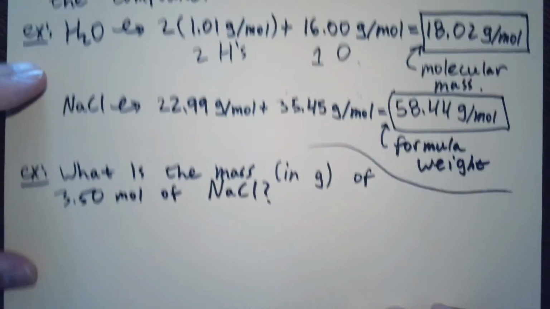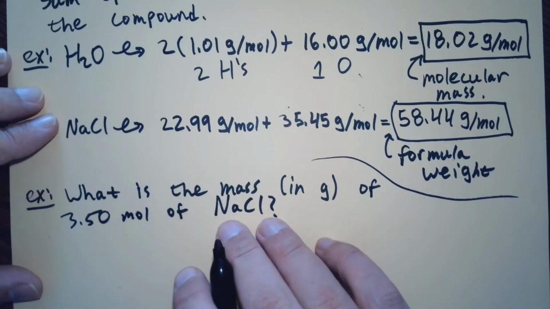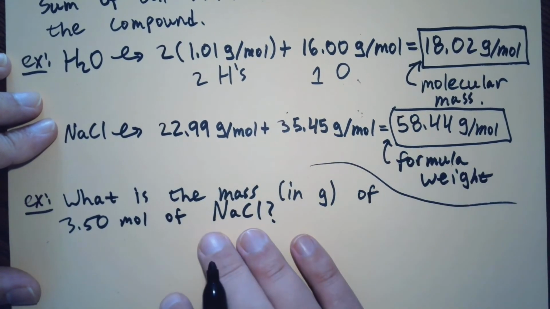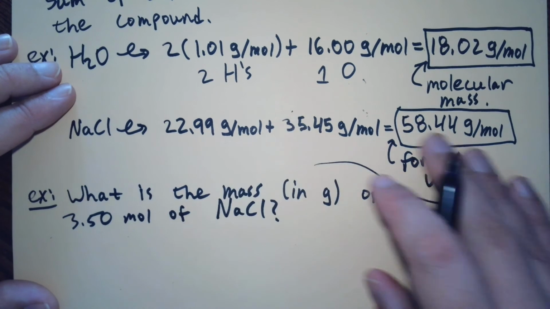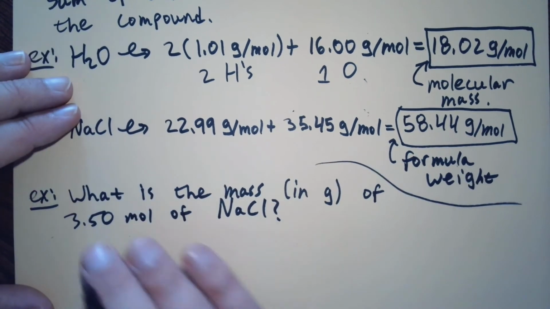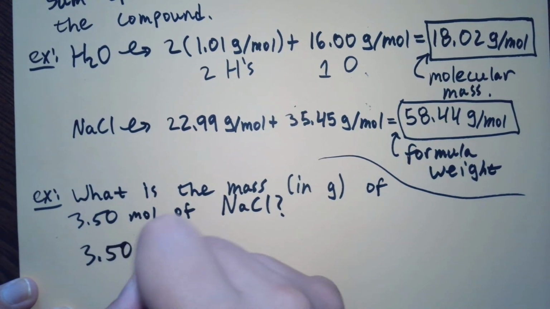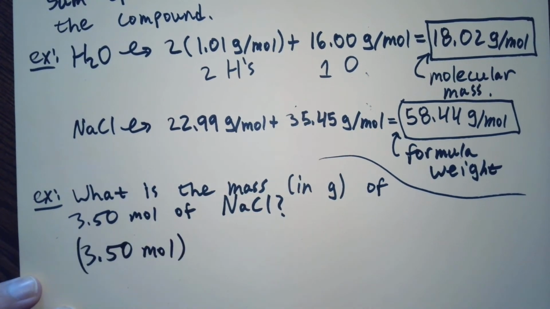Well, we already have the pieces. We've done the work. Now, if you had this problem and you didn't know the molar mass of NaCl because we didn't just calculate it, that's what you would do. You would just do this process right here. You just add up the pieces, boom, you got the molar mass. We convert moles to grams. So we know we got 3.50 moles. Alright.